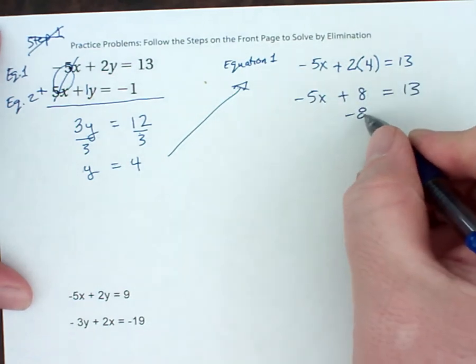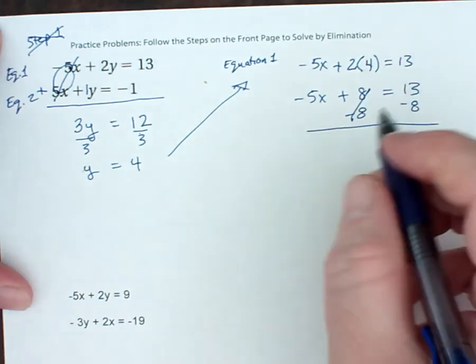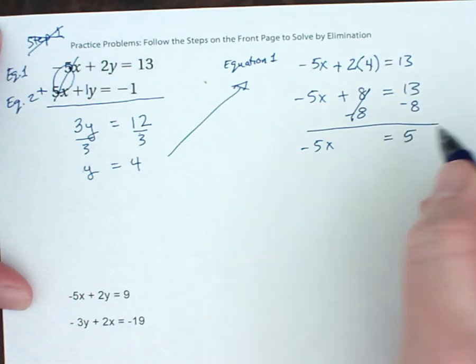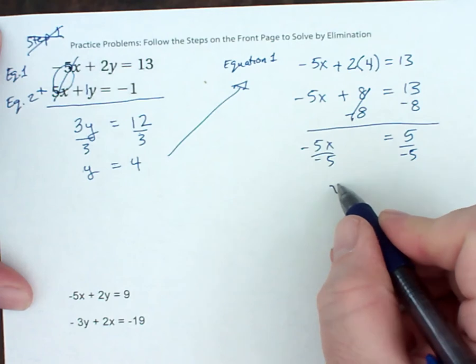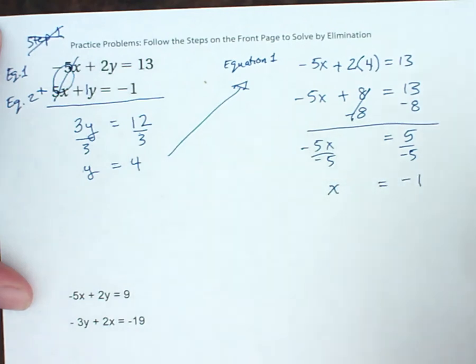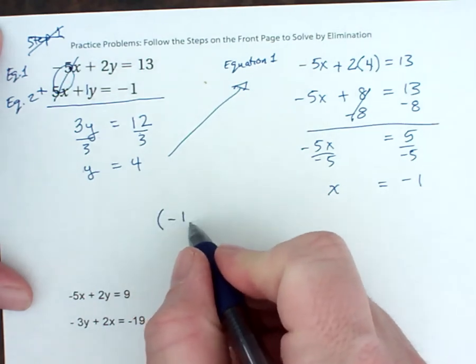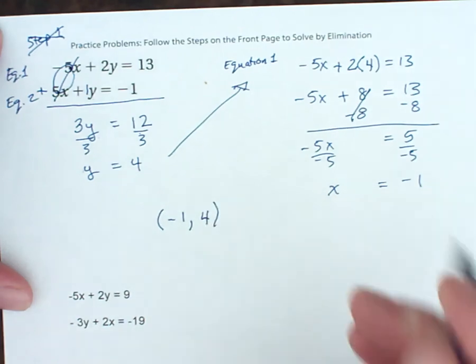I'm going to subtract 8. That goes away. I have negative 5x equals 5. If I divide by negative 5, I get x equals negative 1. I'm almost done. Remember to give your final solution as an ordered pair. Negative 1, comma, 4.